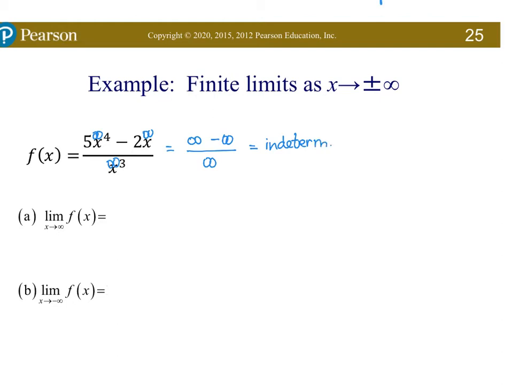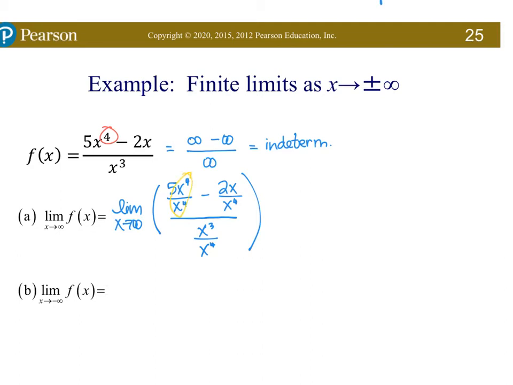So we're going to divide by the highest power. Looking at this question, the highest power is x to the 4th. So I am going to divide everything by x to the 4th: 5x to the 4th divided by x to the 4th, minus 2x divided by x to the 4th, over x cubed divided by x to the 4th.